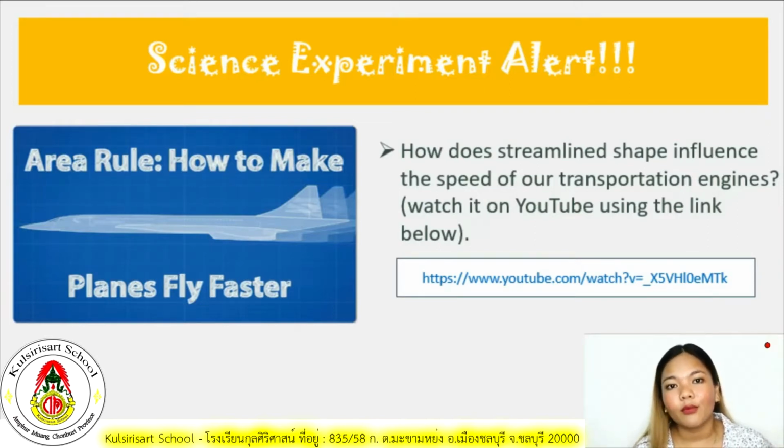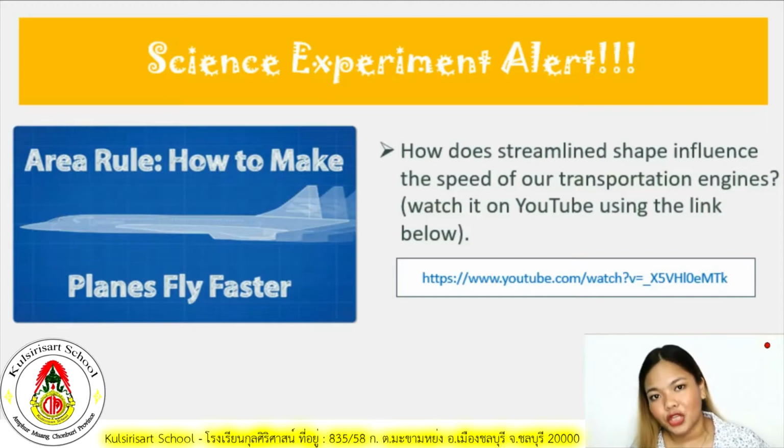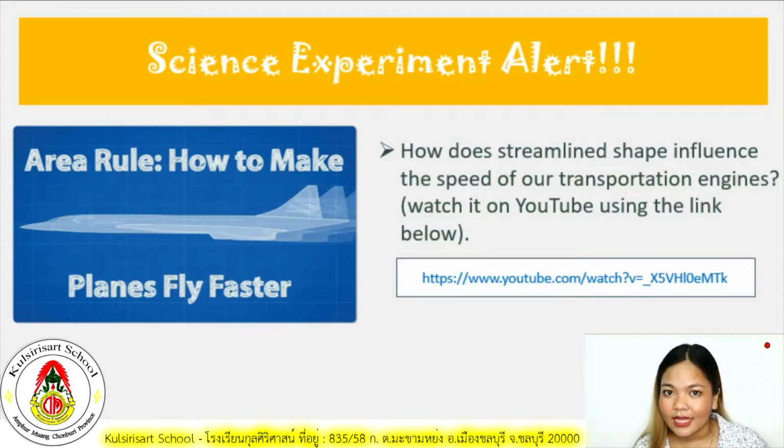The concept will explain streamlined shape, and how it actually influences the speed of our modern transportation system today. I want you to watch this one to give you a better idea of what is streamlined shape, since we already discussed it among fishes and how it is applied to our modern time today, okay? I want you to watch this link, okay?